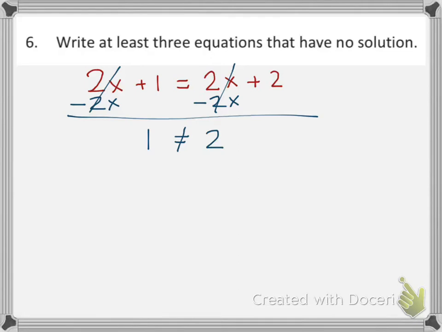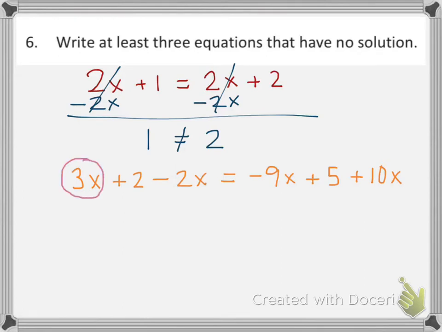Let's try another one. Let's make it a little more complicated. How about 3x plus 2 minus 2x is equal to negative 9x plus 5 plus 10x. Okay, that's no solution because if I were to solve this, I would combine like terms.